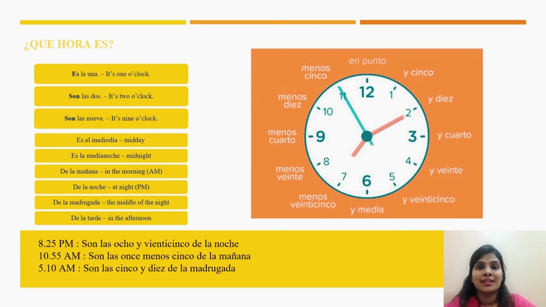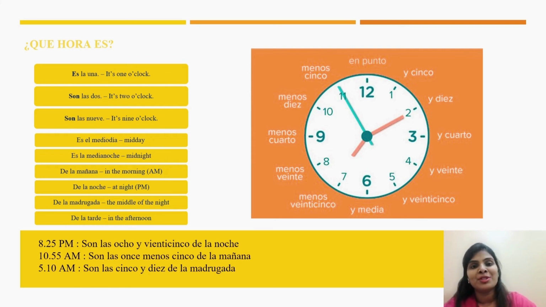And another thing, when the time is exact, like it's 6 o'clock, so son las 6, you can always use this, en punto. So when you have to say the time is sharp this much, you can always add en punto to your sentences.